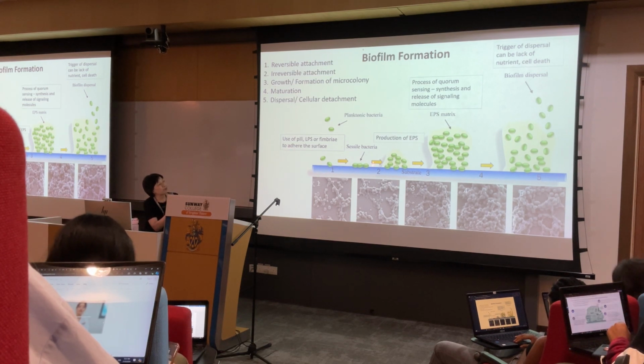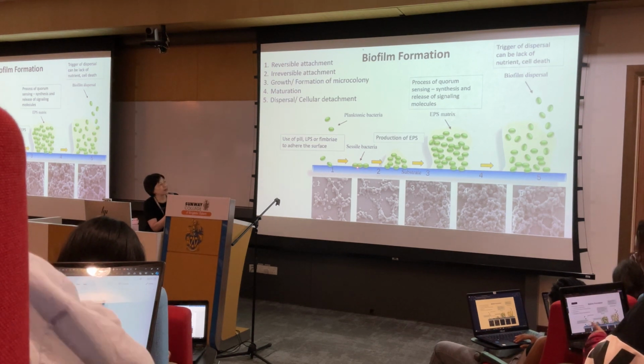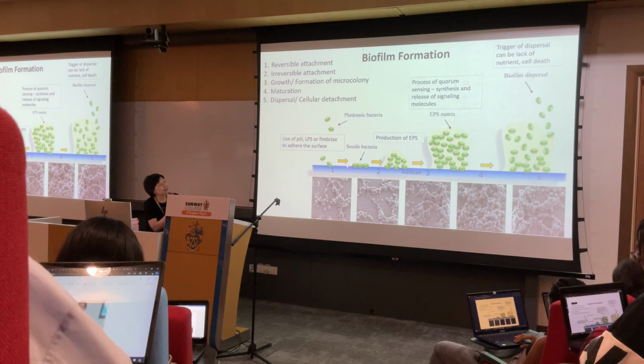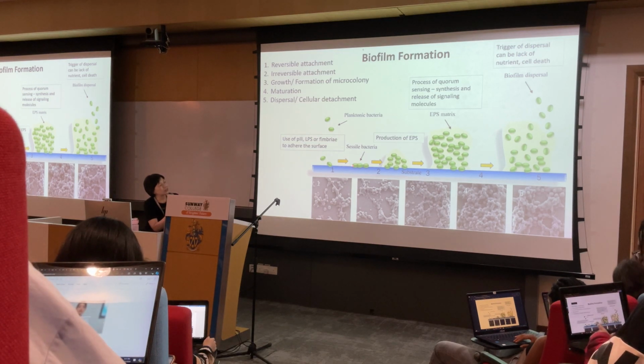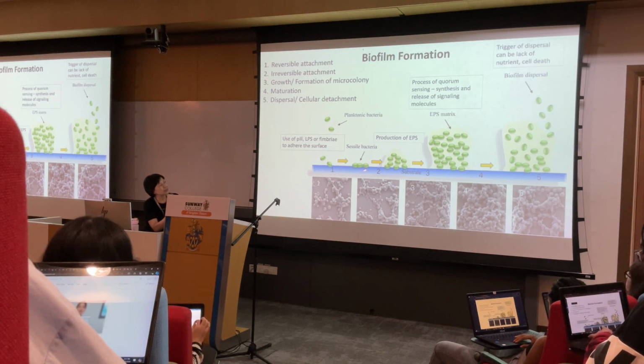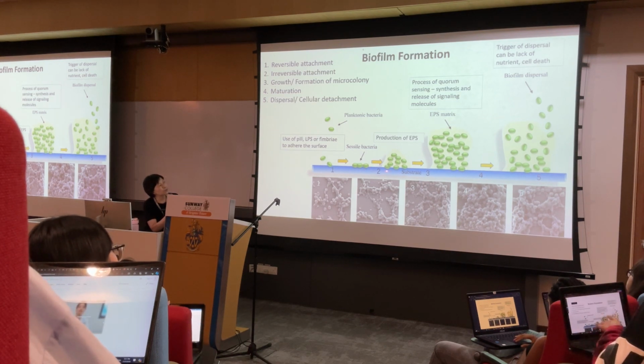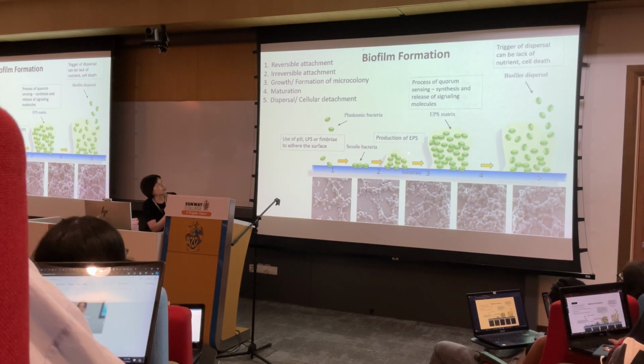So when you come to stage 2, basically now the attachment is very, very strong. All right, here it is very solid on the surface, and then they start to grow and build up. You come to stage 3, they build and form a microcolony.